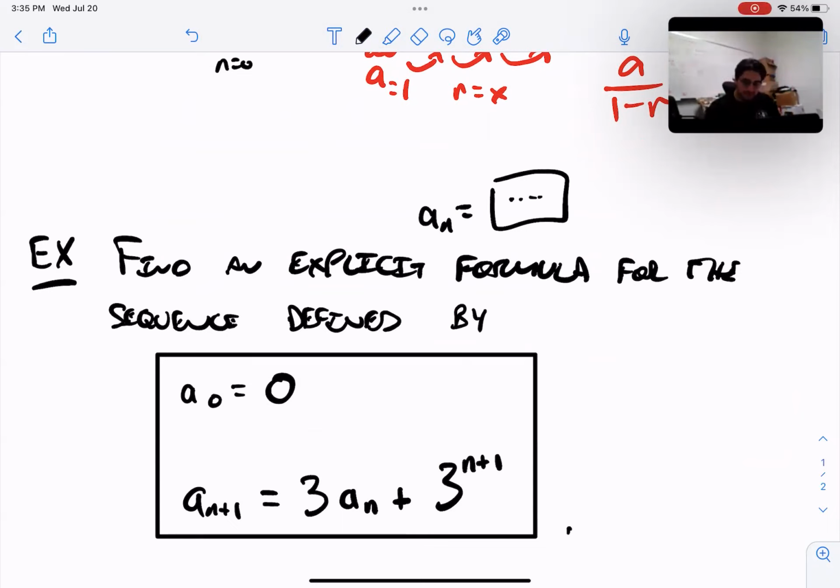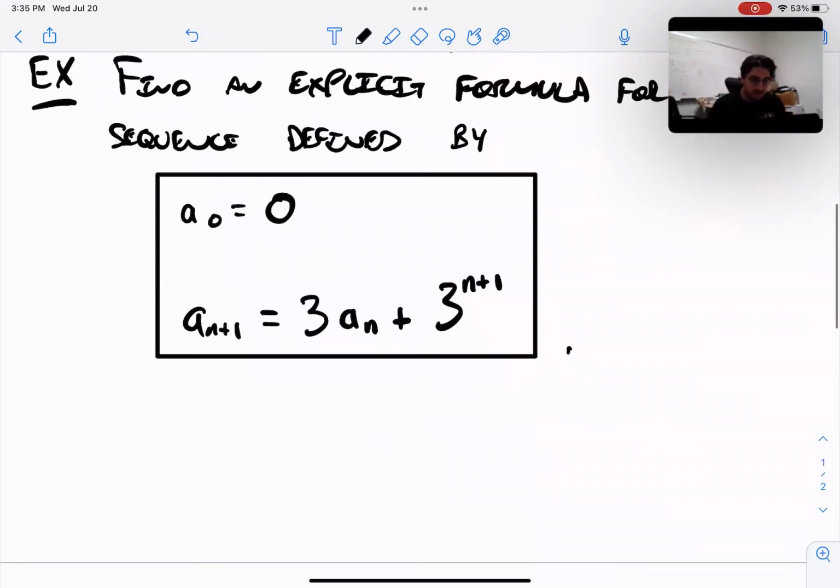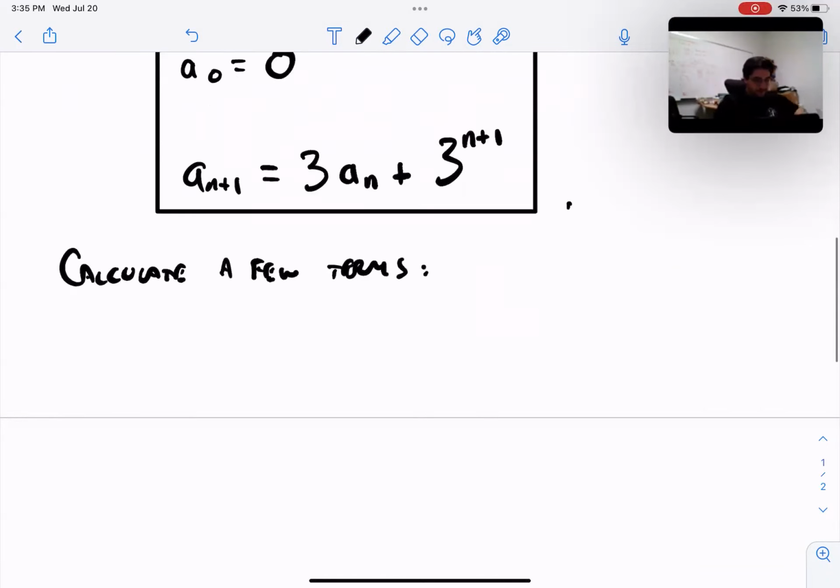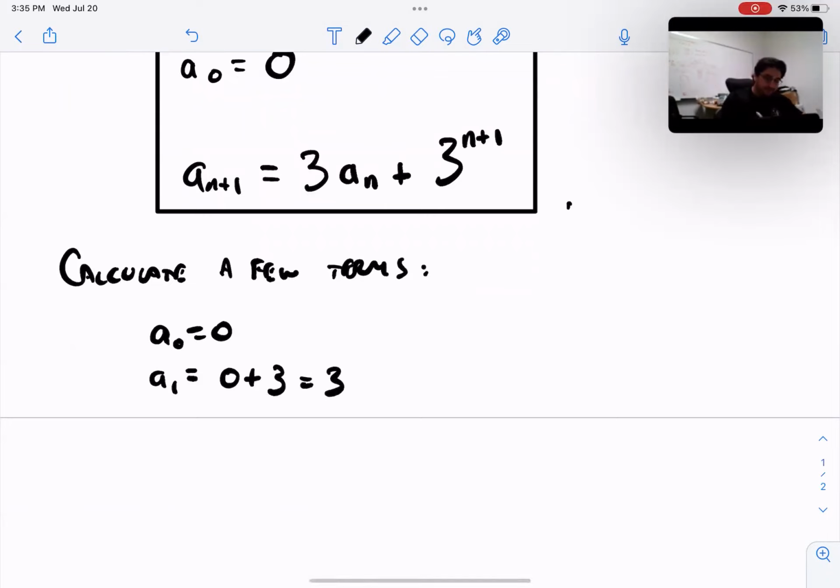So I have this recursion. Let's see how this would play out with generating functions. First, I'm just going to calculate a few terms for fun. Well, a0 by definition is 0. a1 is 0 plus 3, which is 3.